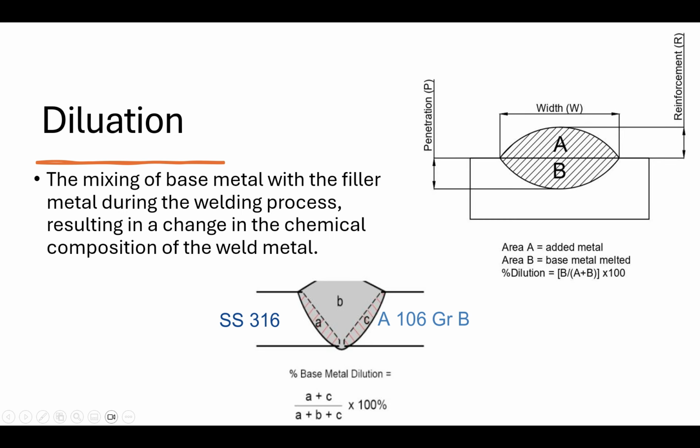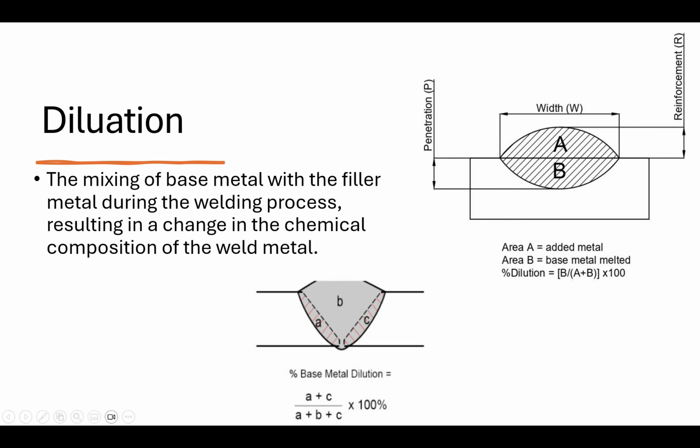And what is most important, when the electrode is melting the base metal, say this side is carbon steel. Carbon steel has got a high percentage of carbon, for example 0.3. And the electrode has got a much lower percentage of carbon, so when it dilutes, you are going to get enrichment of carbon in the weld deposit here.